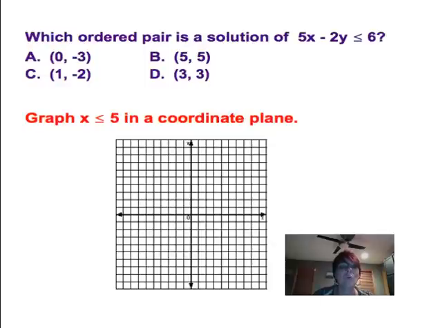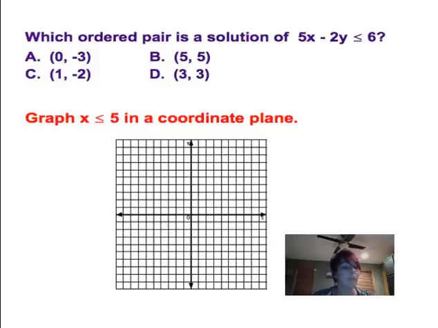Moving on. Which ordered pair is a solution of 5x minus 2y is less than or equal to 6? Well, let's take the point (0, -3). If I plug that in, 5 times 0 is 0, and then -2 times -3 is 6.